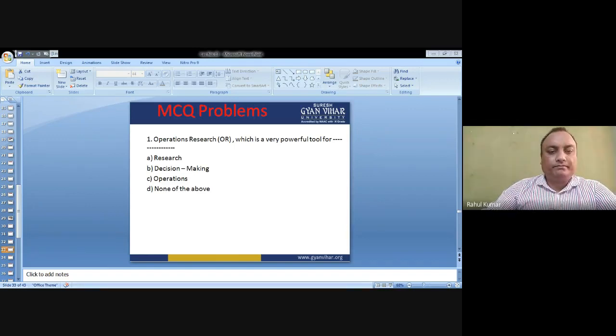What is the MCQ question for question number first? Just see this slide and find the correct answer for this question.